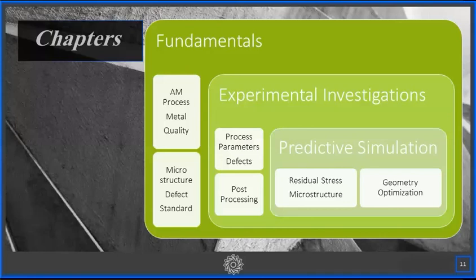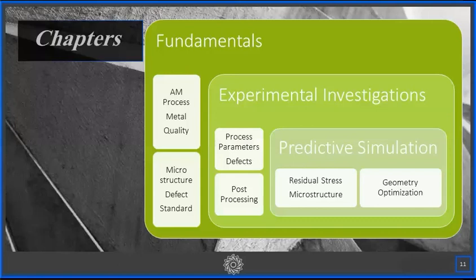Maybe if we find good candidates, we make it two or more materials in one process, but our preference is to focus on one material in a process, and then we go to the defects. Also, we will discuss post-processing and what could be done after the process.